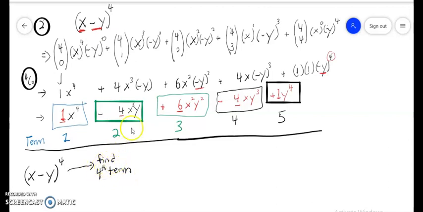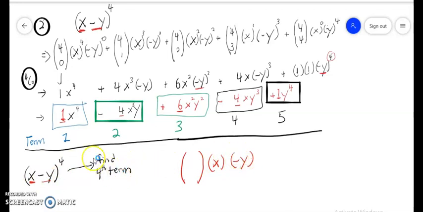How to do it straight away without wasting your time expanding this? What you have to know here is, we take the x, we put it here, and we take the negative y, we put it here.